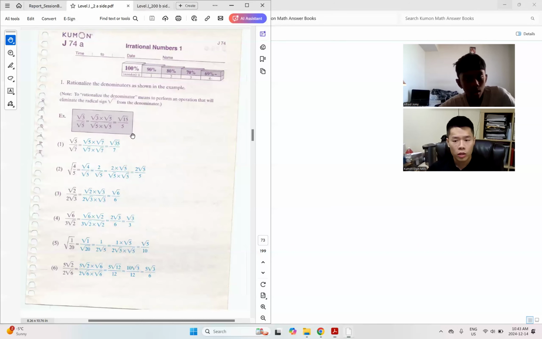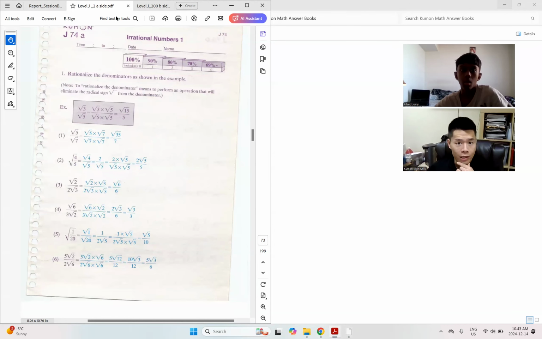So 74A. All right, we call this rationalize. Do you know what the word rationalize means? Make it rational. Basically, it means getting rid of the irrational number at the denominator.